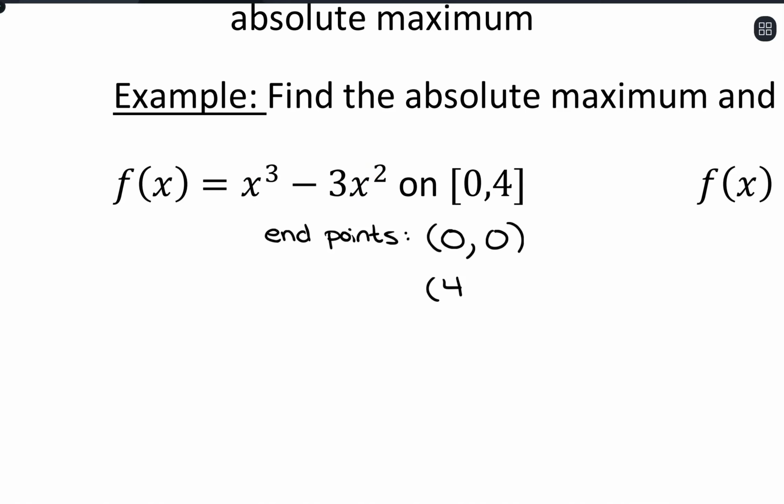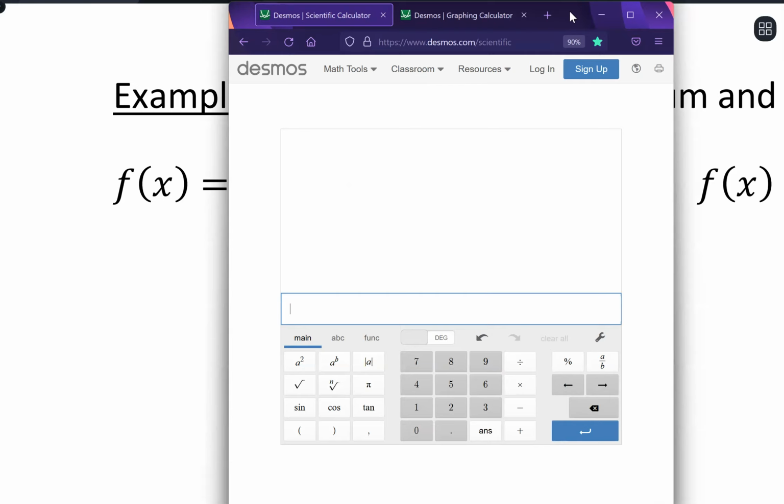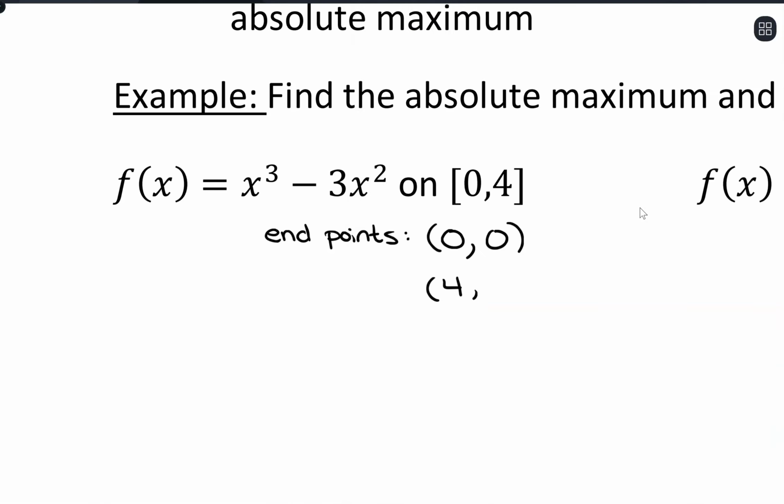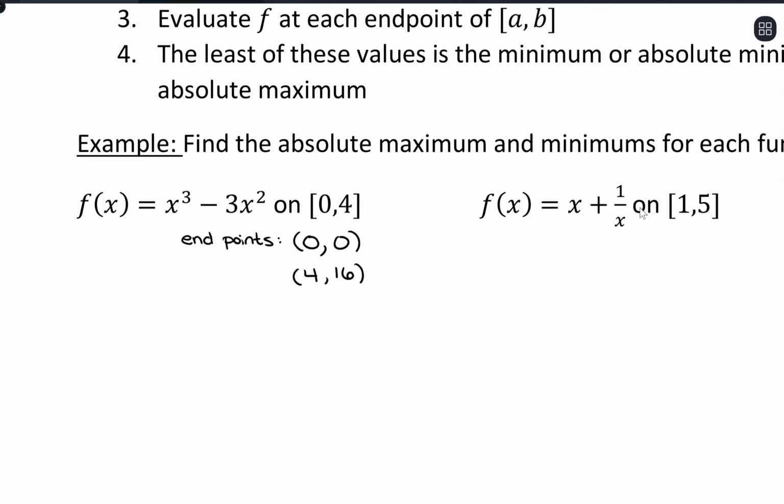If we plug in 4, let's see, 4 cubed minus 3 times 4 squared, that's a 16. All right, so we have our endpoints. We'll come back to those.